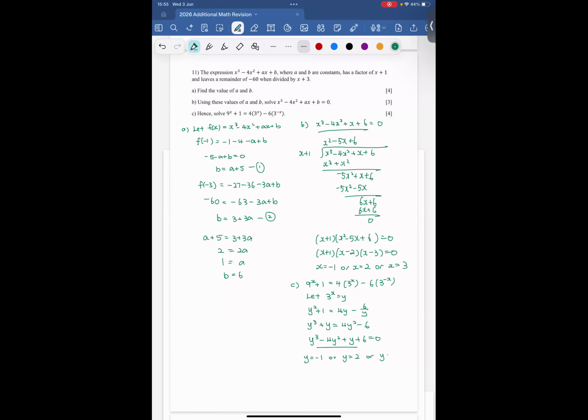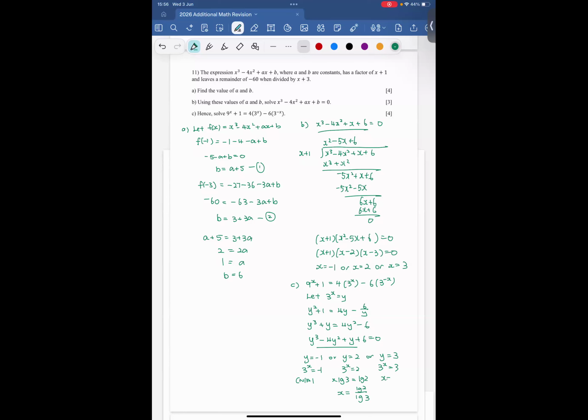or y equals to 3. However, I'm not supposed to find y, I'm supposed to find x. I know that y is equals 3^x. So this one got no solution. This one you have to log, bring the x down. So x is just log 2 over log 3. Just key your calculator, get 3 significant figures.